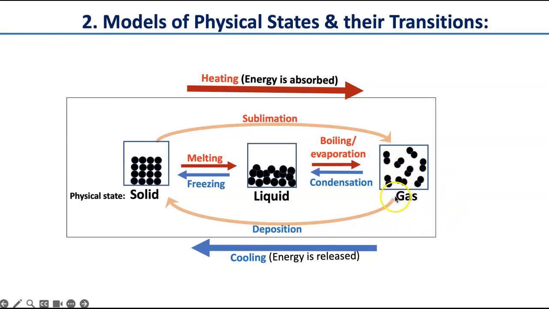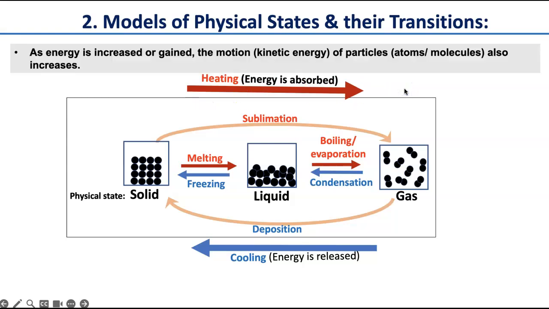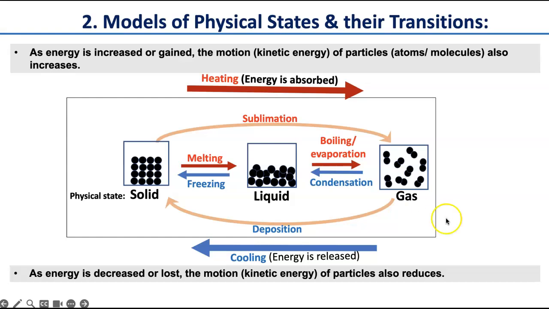If you cool a gas, if you are carbon dioxide, you will undergo deposition and certainly become solid. But if you have a gas and you gradually decrease the temperature, it condenses first and then it freezes into the solid state. So heating, you go to the left from solid to gas, and cooling, you go to the right from gas to solid.